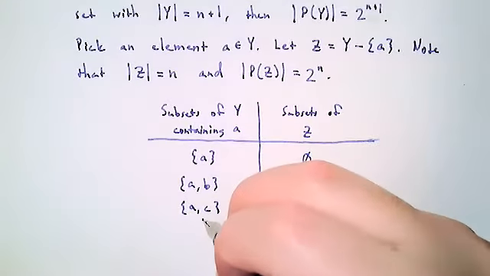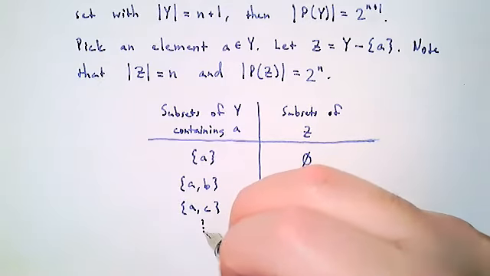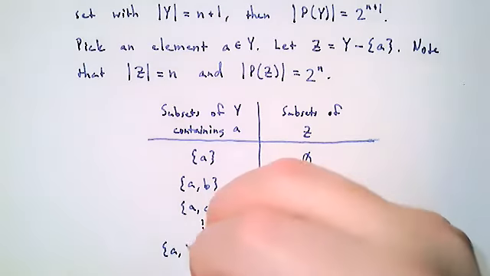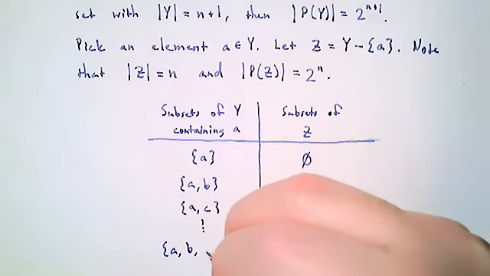And you can see how you might do this for any subset of Y containing A. So maybe this subset has A and then maybe 4 or 5 other elements.